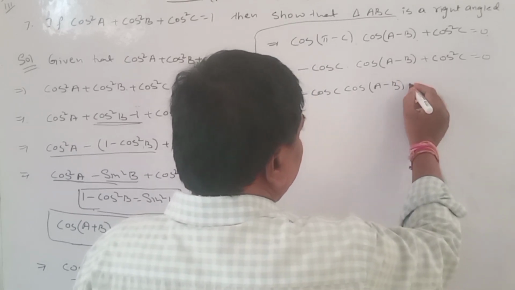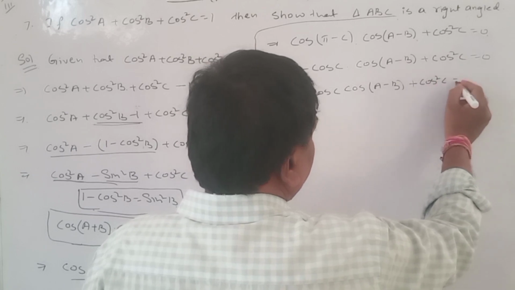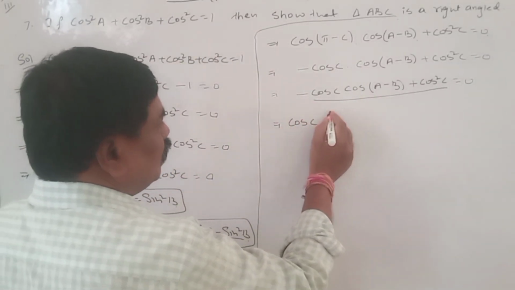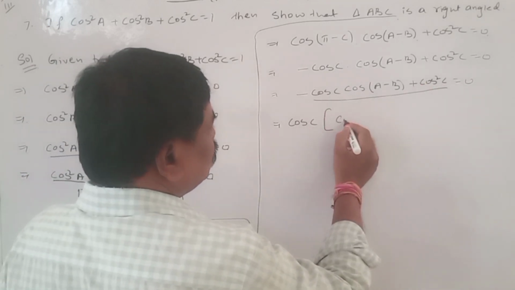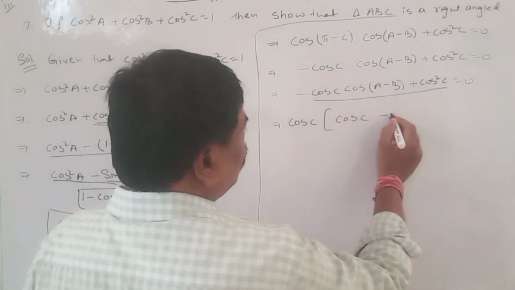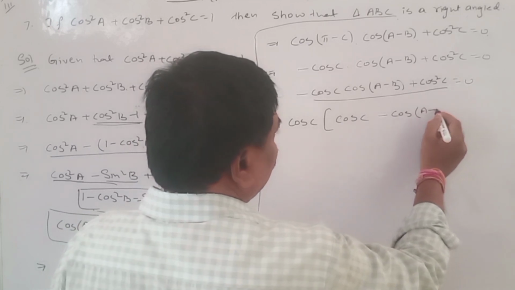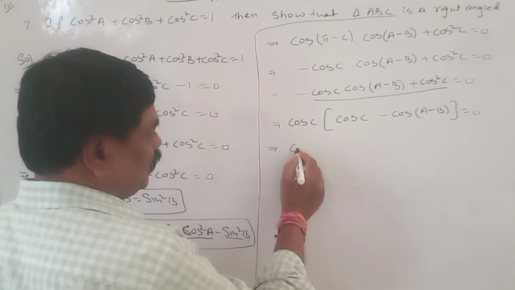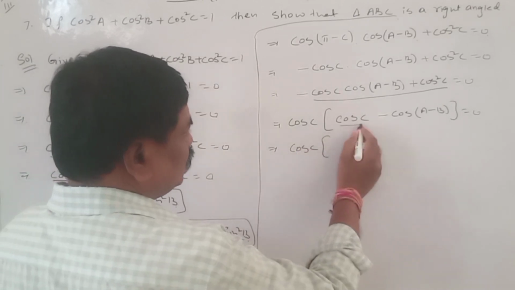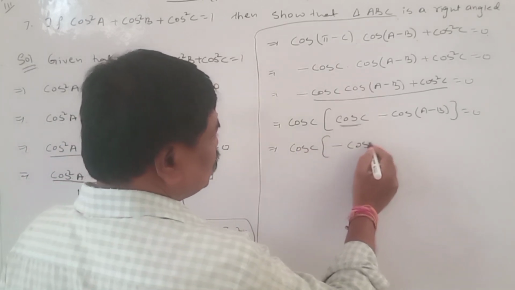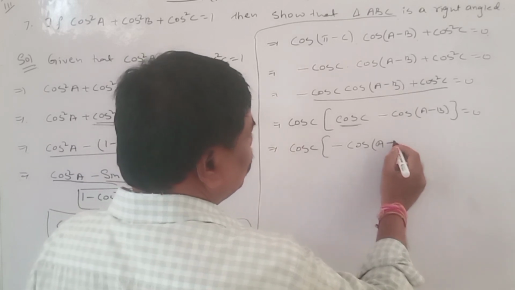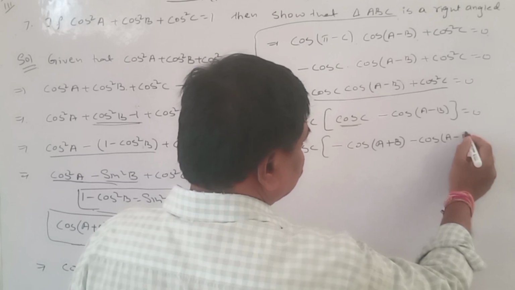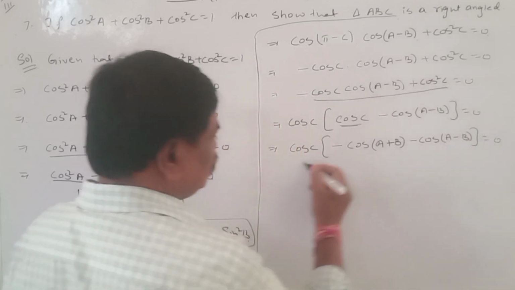This one plus cos square C is equal to 0. From these two you can take cos C common, remaining cos C minus cos of A minus B equal to 0. This implies cos C of, this can be minus cos of A plus B minus cos of A minus B is equal to 0.